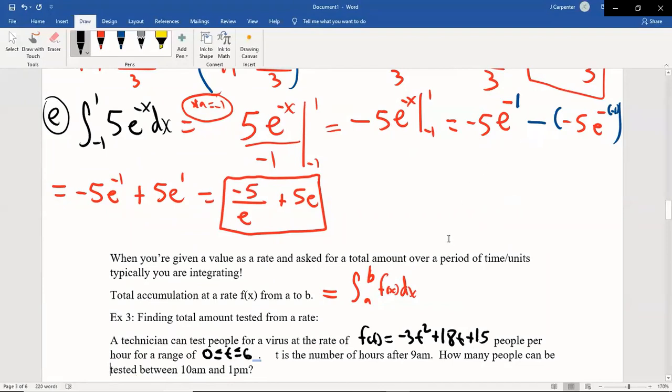So what we have here is a function that tells you how quickly these people can get some testing done. And if you've ever had a job in your life, you know that you are not having the same productivity rate at 9 a.m. as at 5 p.m. if you work from 9 to 5.